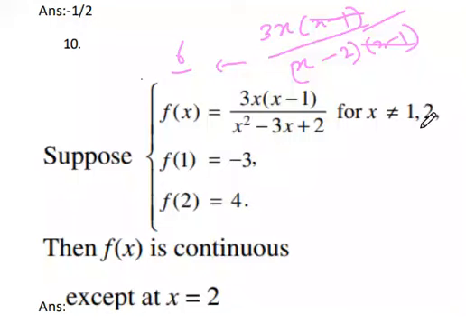Therefore it is undefined, so f is not continuous at 2. But other points are okay. f is continuous except at 2, right? So we have to avoid this point. At 2, f is not continuous.